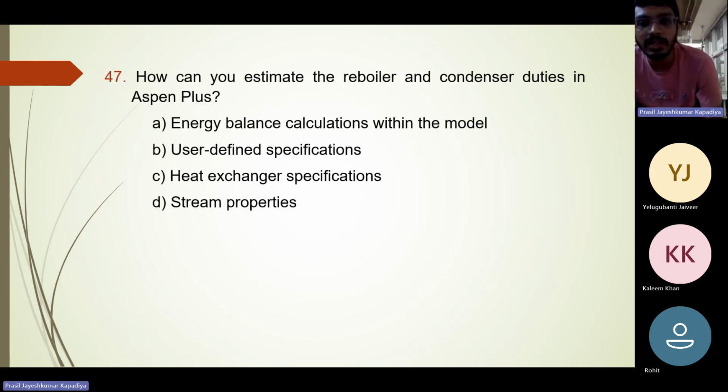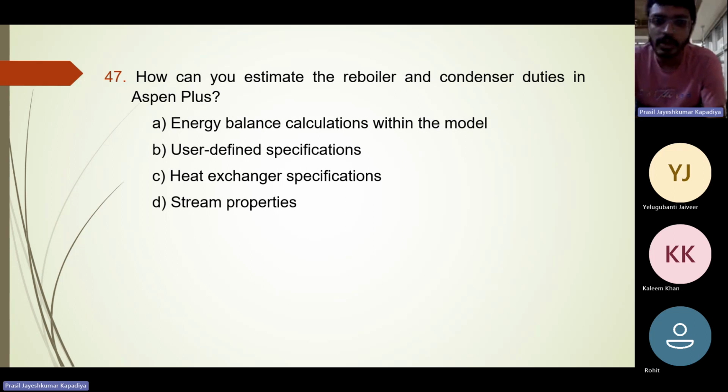Then how can you estimate the reboiler and condenser duties in Aspen Plus? One option is we can give reboiler duty as user defined. We can specify reboiler duty, right? But if we are not specifying, then it will be based on energy balance calculation.